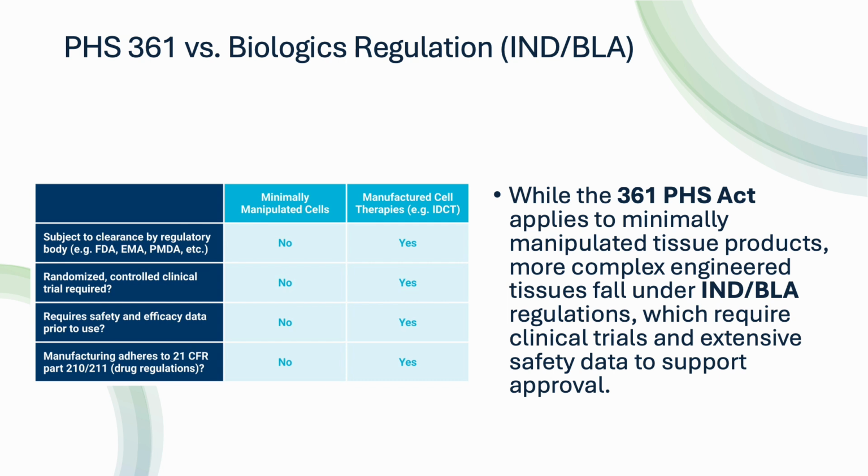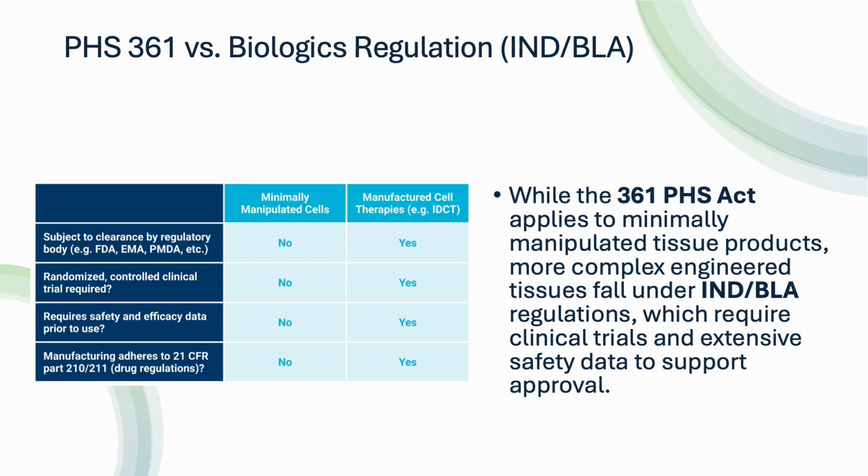So at the bottom left side of this slide, we can see in the table that, again, manufacturers should adhere to 21 CFR Part 210 and 211, which is for drug regulations.